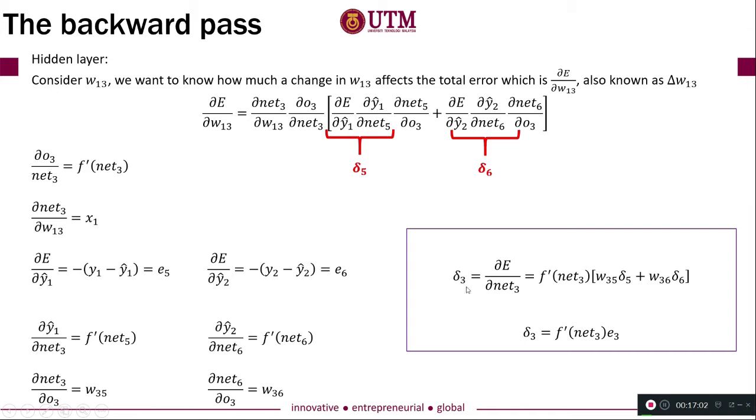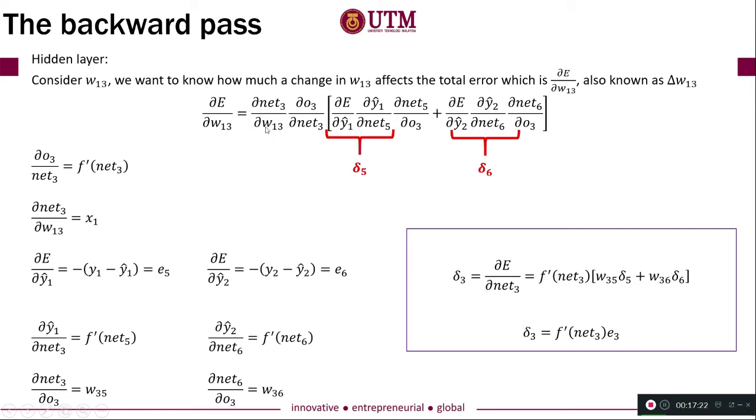Delta 3 is still defined as del E over del net 3. Again, delta 5 is equal to del E over del net 5, and delta 6 is defined as del E over del net 6.